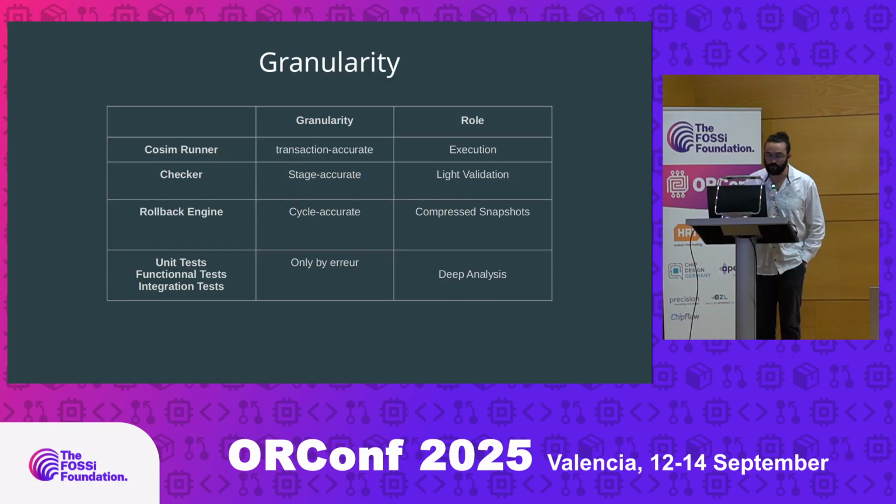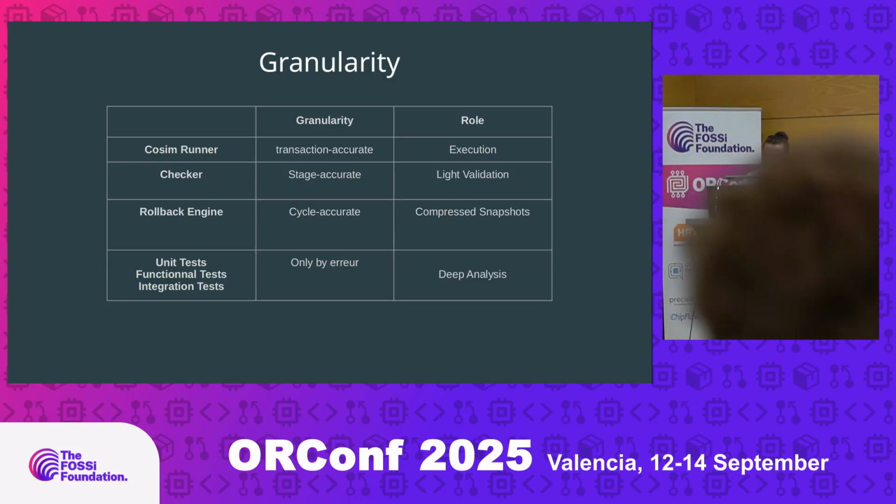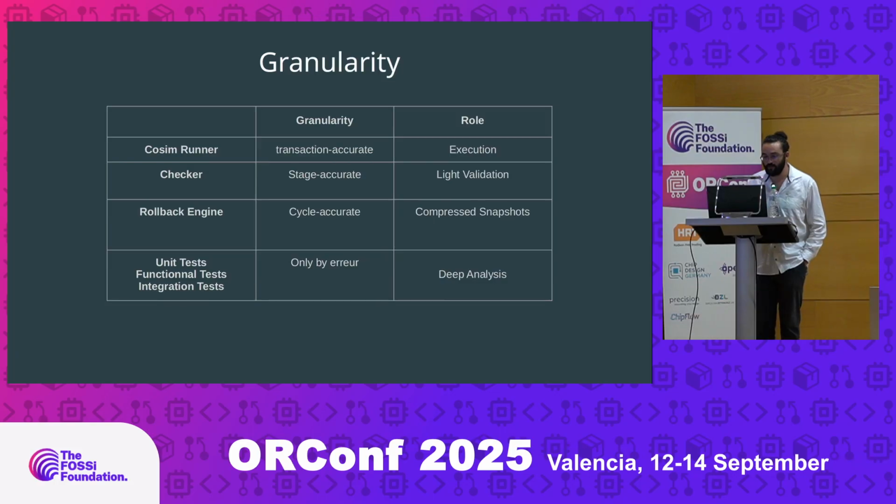Currently, the granularity is not fully complete for everything, but we have the checker stage accurate for the light verification. Only on error do we launch unit tests and functional integration tests for deep analysis, and the rollback engine stores all the cycle states for this analysis.